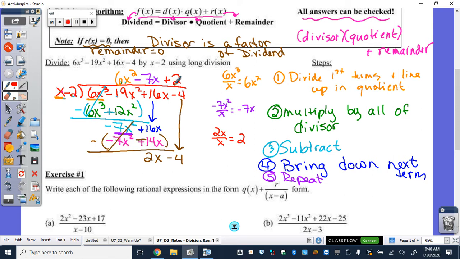Now we multiply: 2 times x is 2x, and 2 times negative 2 gives me a negative 4. Subtract them. And this time when we subtract, what happens to our x's and our 4's? They all cancel out, so you're left with 0. I put a smiley face in there because that means there's no remainder for this one.